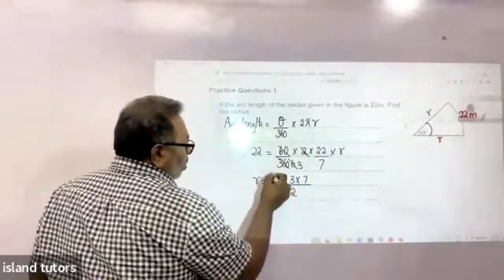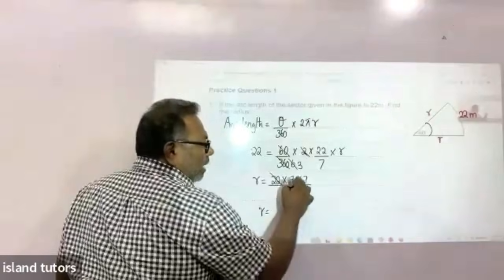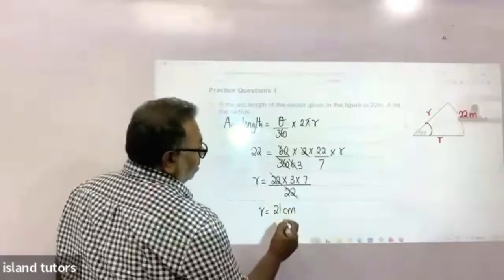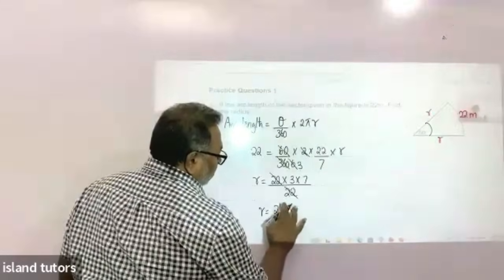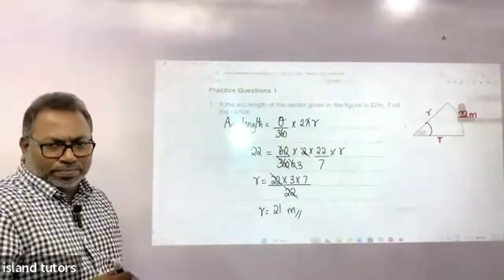Now simplify. 22 and 22 will cancel. r is equal to 3 multiplied by 7, 21 meters. 21 meters is your answer.